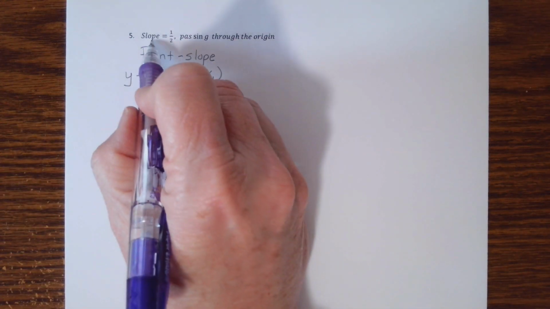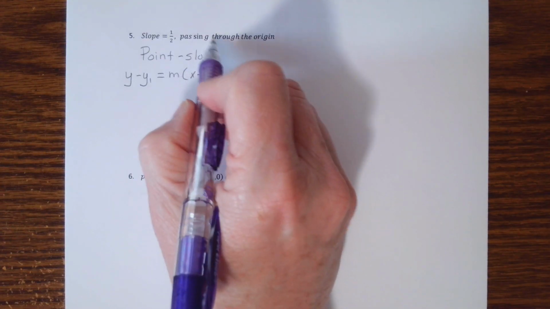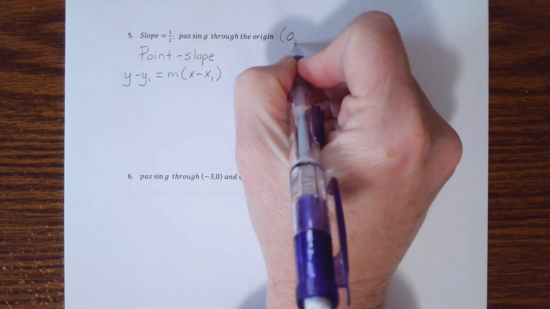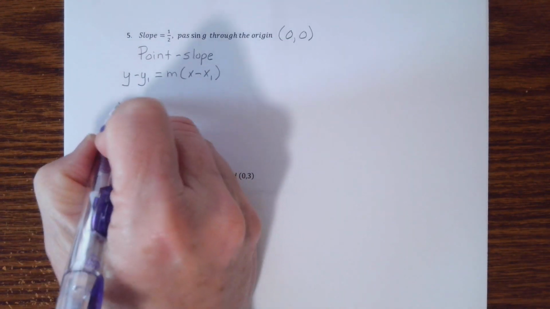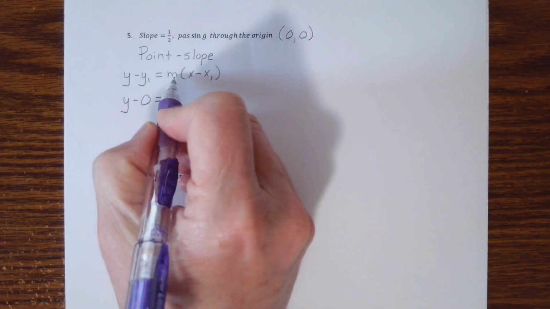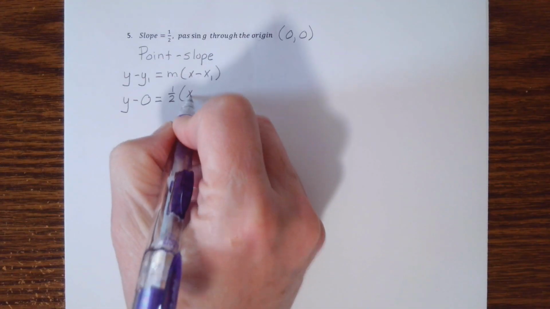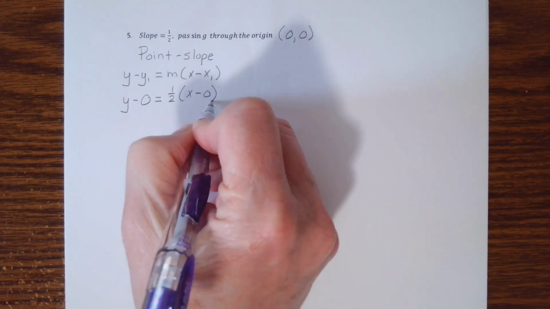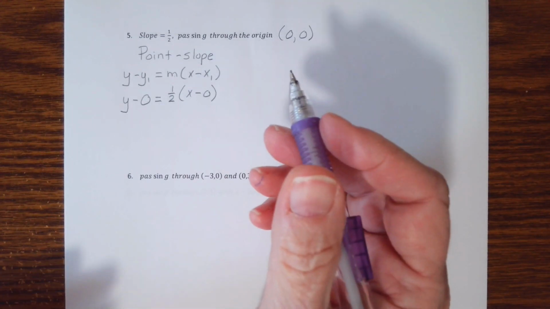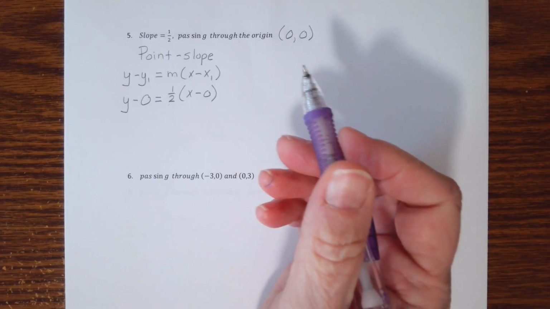It says slope is equal to 1/2. It's passing through the origin. So my point here is 0, 0. So this is y minus 0 equals my slope 1/2 times x minus 0. Well, there's my point slope form, because there's my slope and there's my point.